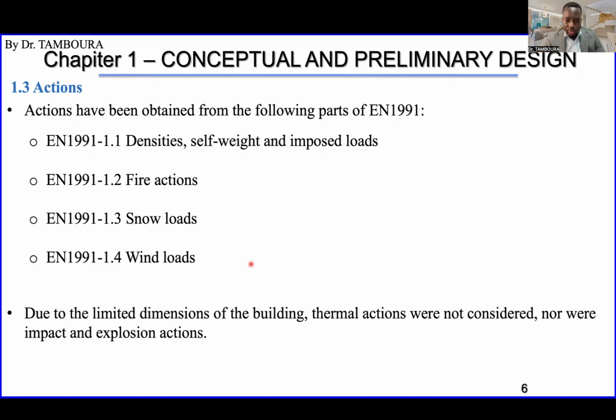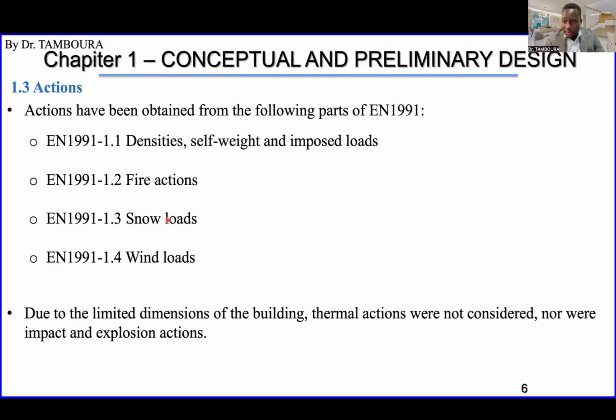So, due to the limited dimension of the building, thermal actions were not considered. It means fire will not be considered, and also the action of explosions will not be considered in this design in our case, okay?